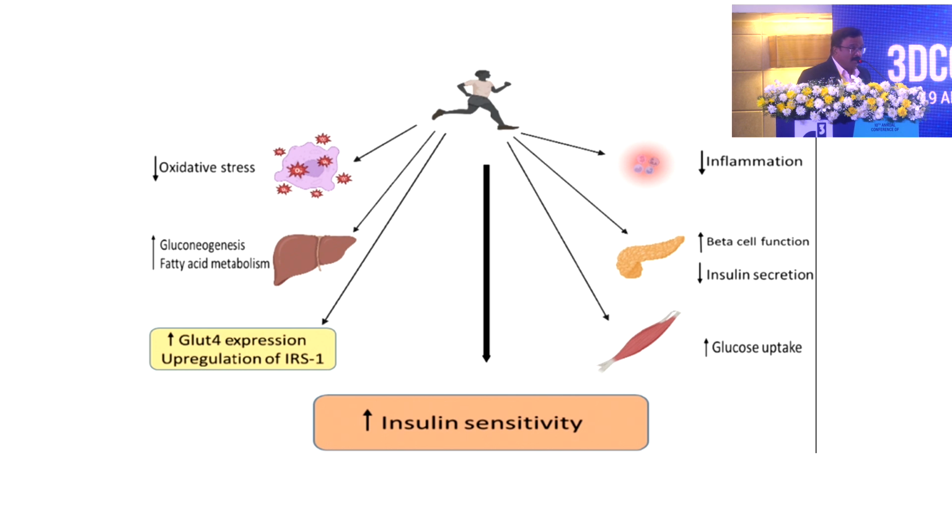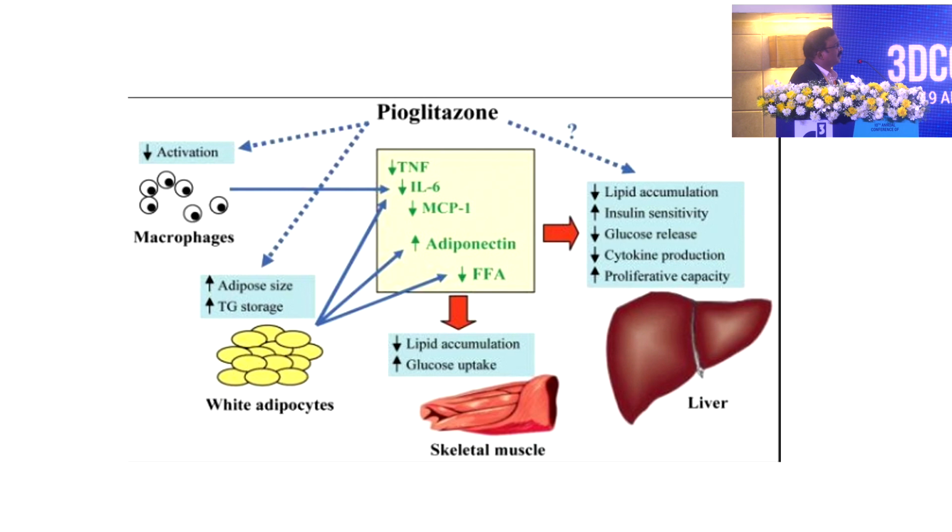Now, when there is increased GLUT4 expression, there is upregulation of insulin receptor sensitivity, and you increase insulin sensitivity. So which molecules target various oxidative stress, target the liver, decrease inflammation, take care of the pancreas and increase glucose uptake in the liver? That's what we are going to see.